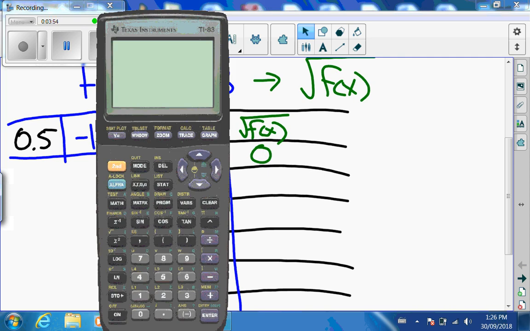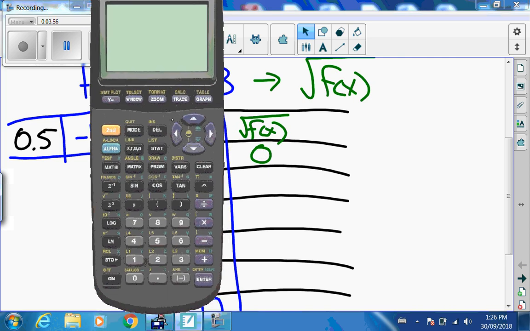But if we put in 0.2 and we square root it, we get 0.447.